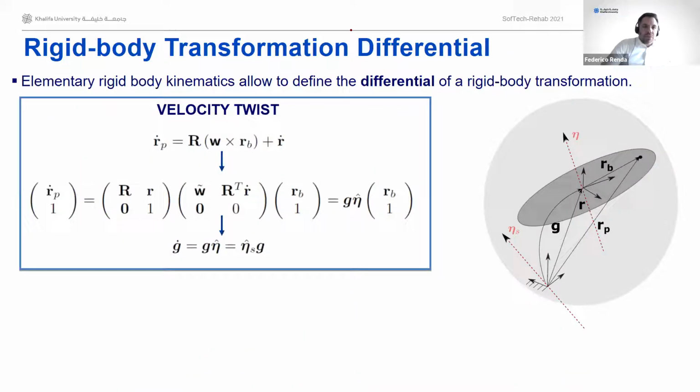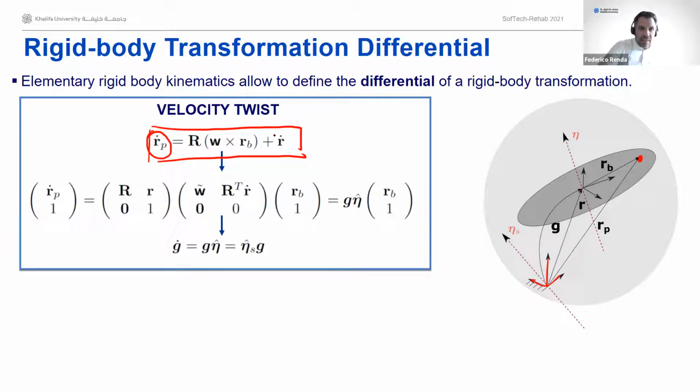Okay, let's move now to the differential of rigid body transformation. If we apply elementary rigid body kinematics, we arrive at this formula, which relates the velocity of a point P of your rigid body, expressed in the spatial frame. How can we compute it?